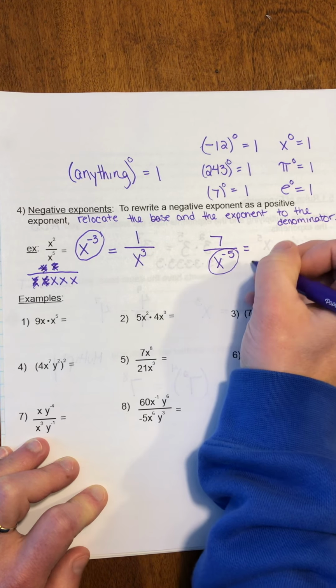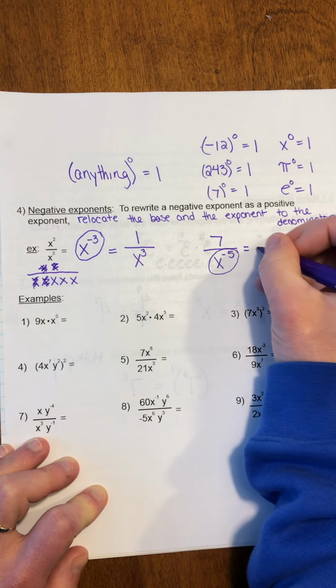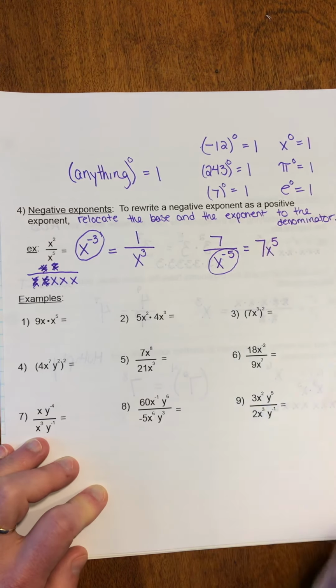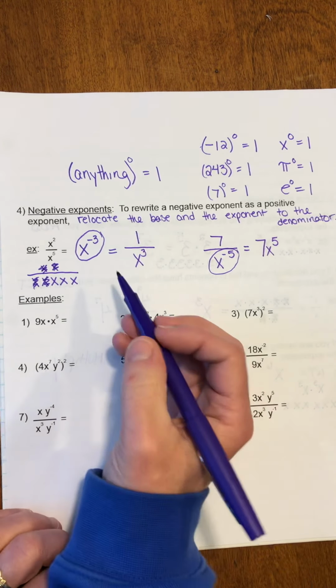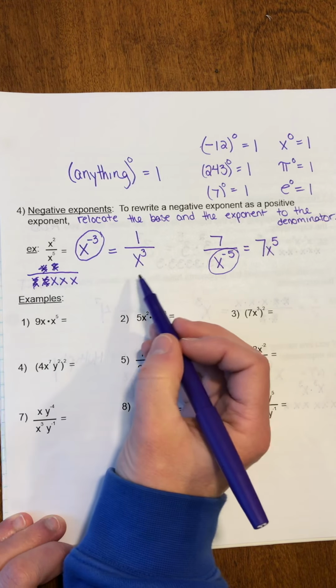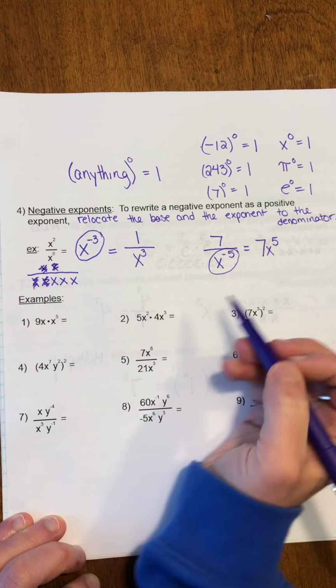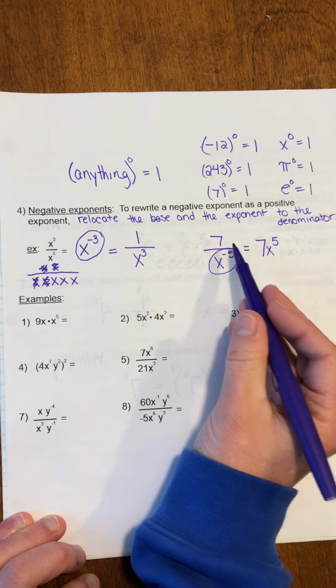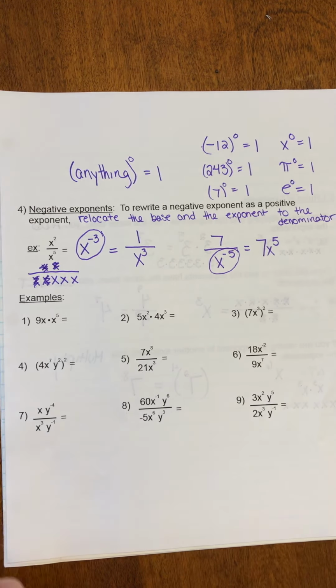Instead of it being in the denominator, I'm going to relocate it up to the numerator with that 7, so x to the positive 5th. So we relocate it to the denominator to make it a positive exponent, or if it's in the denominator and it's negative, we relocate it up to the numerator.